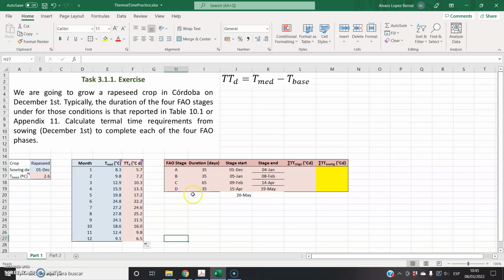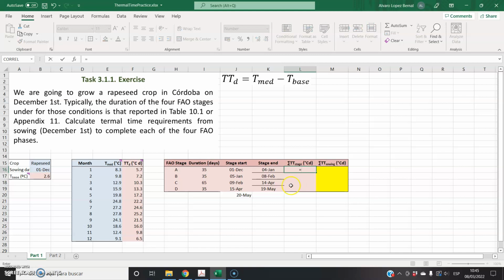Now that we know how much thermal time is accumulated in a typical day of each month, and that we know the durations and typical starting and ending dates of each stage of the cycle, we can calculate how much thermal time is required to complete each stage.